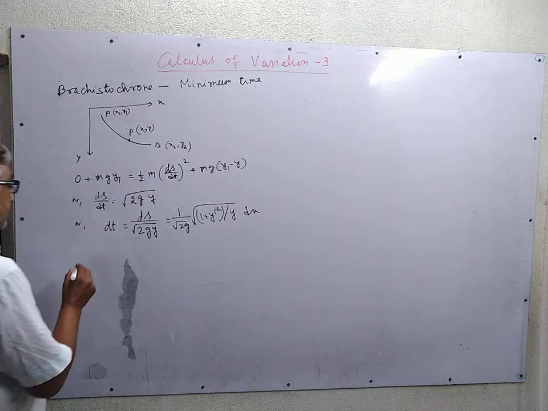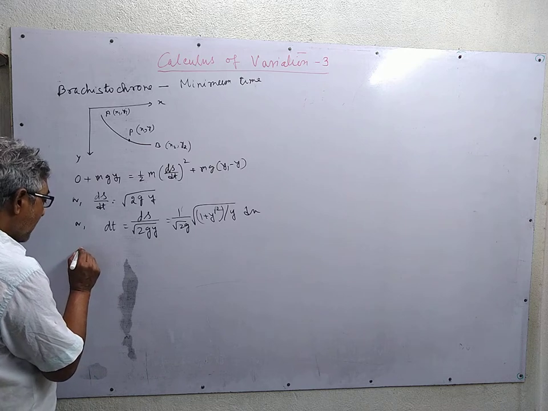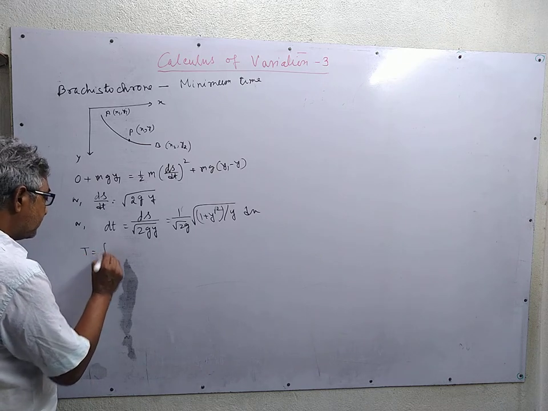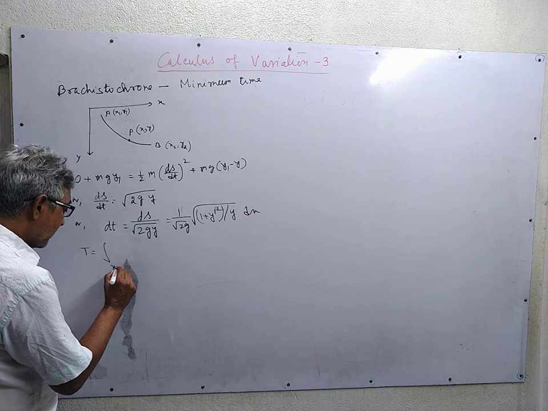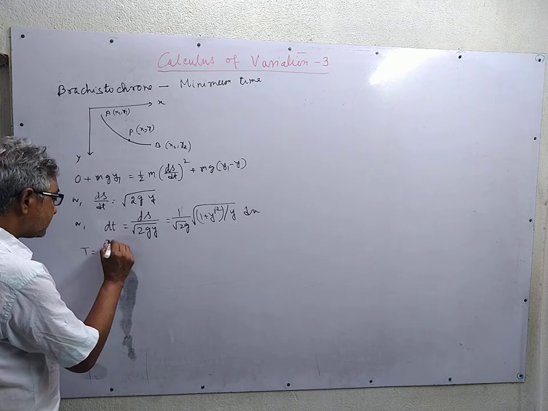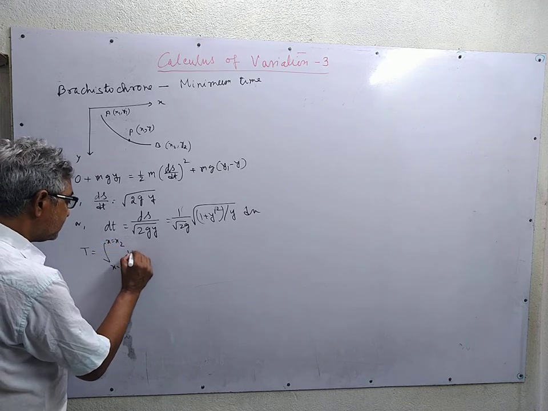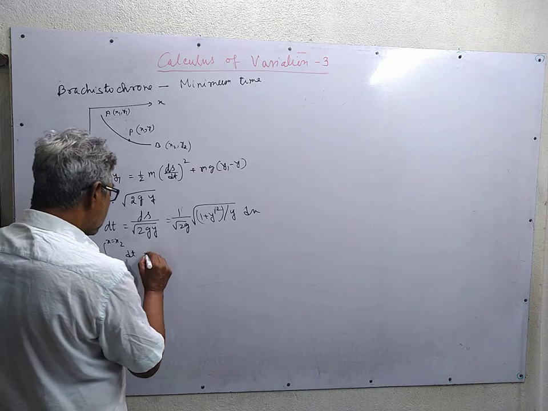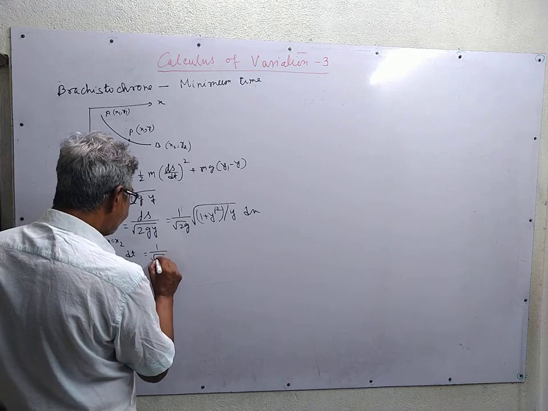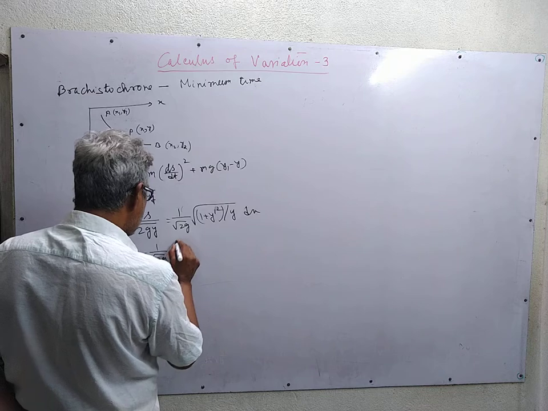So the time taken when the particle descends from x is equal to x1 to x is equal to x2 is the integral of dt. This is equal to 1 upon root 2g times the integral.